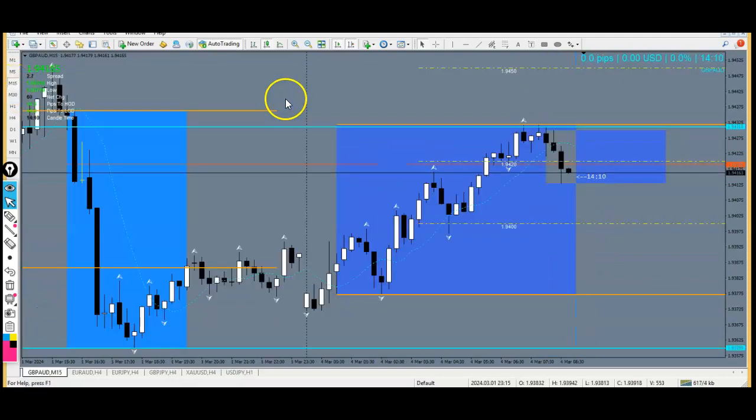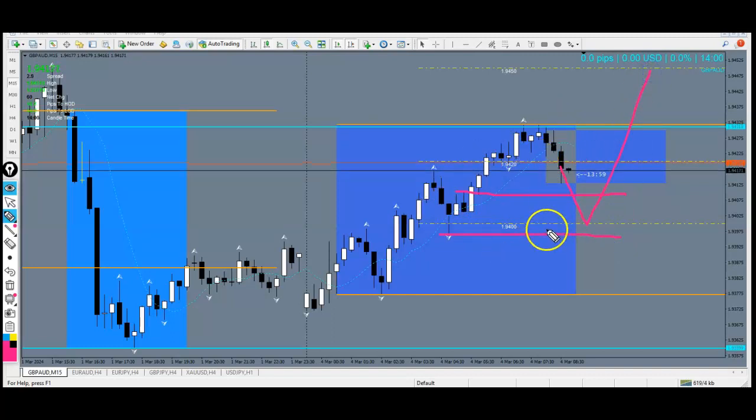We're looking for price to come down, possibly to this zone, so that we can get a buy. That is what we'll look for. However, once we get a close below these levels here, then we could possibly get a short. Okay, so that is that for that one.